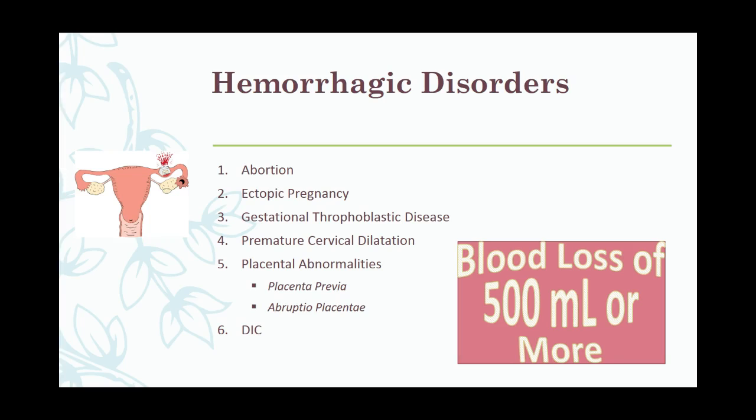Now, whenever we talk about hemorrhage, we are talking about a blood loss of 500 milliliters or more. So anything above or equal to 500 milliliters is considered a hemorrhage. And all of these things listed here have the potential to cause a hemorrhage in a pregnant lady.